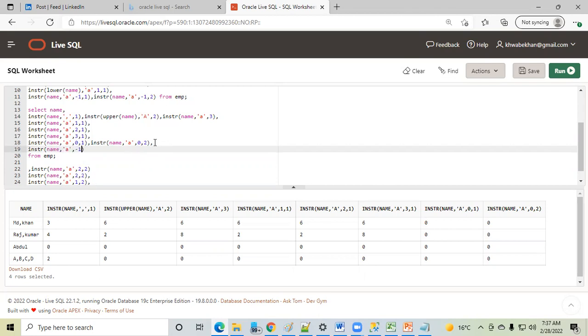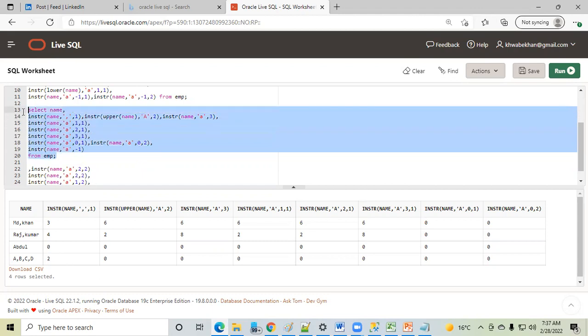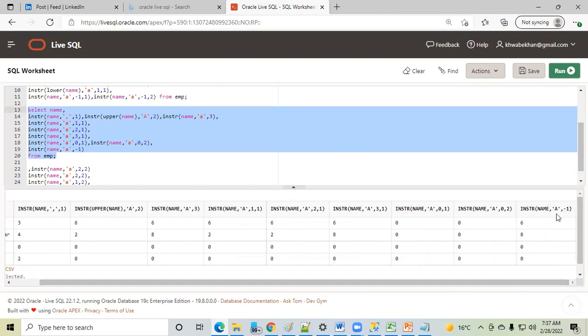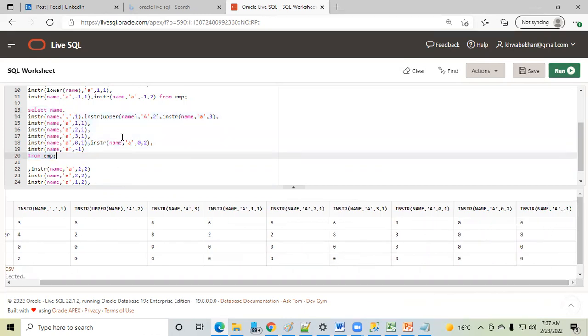First of all, again play with the third argument. Then the fourth argument is clear to all of you, right? So no confusion with the fourth argument, correct? Now I'm writing here a, -1, and let's observe the output of this.